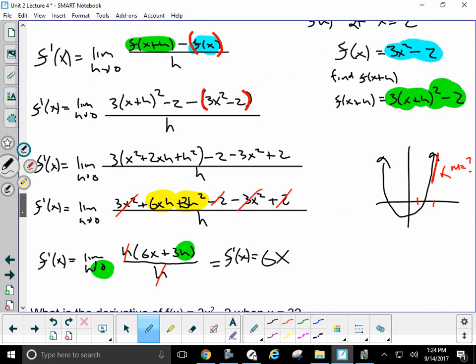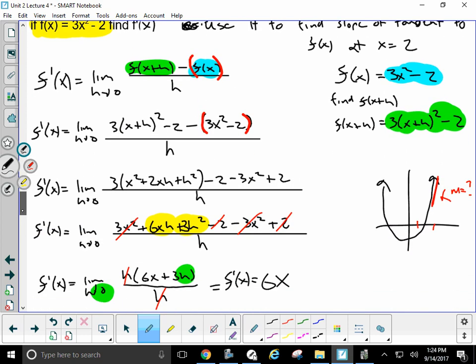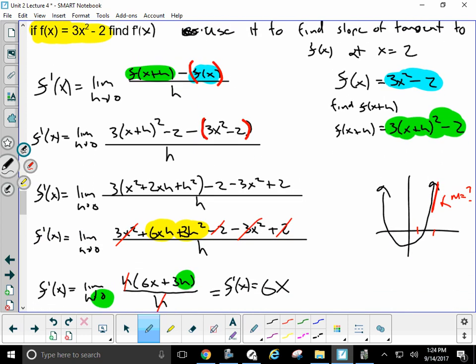So the question really was, use this to find the slope of the tangent of f at 2. We will find f prime of 2. F prime of 2 is 6 times 2, which is 12. This is the slope of the tangent to 3x squared minus 2 at x equals 2.